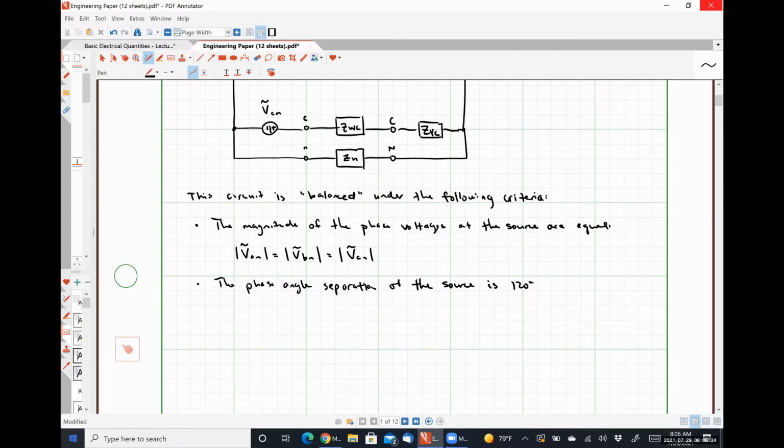So assuming a positive phase sequence, the angle of voltage VBN is the angle of VAN minus 120 degrees, and the angle of VCN is the angle of VAN minus 240 degrees.